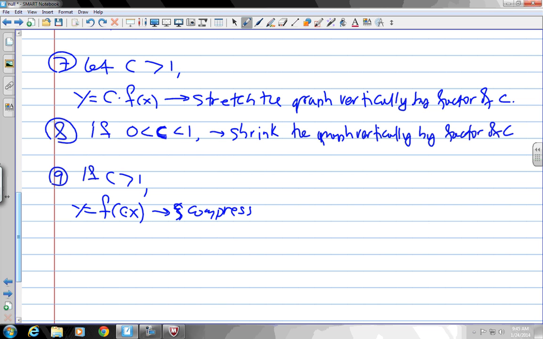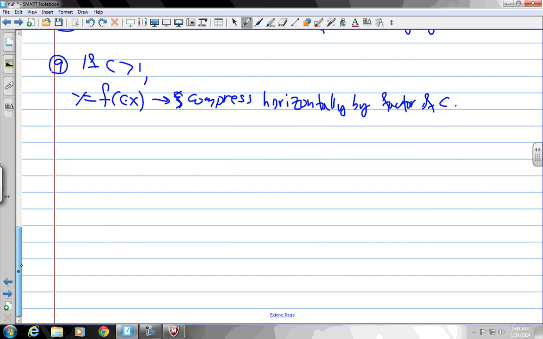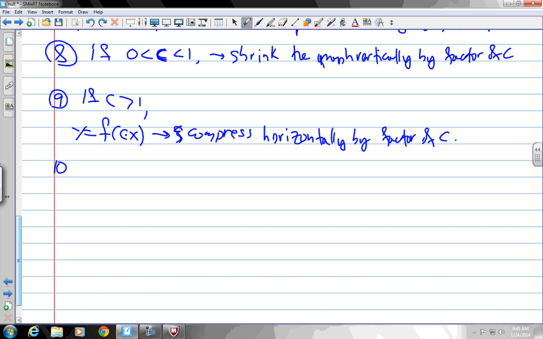Compress horizontally by a factor of c. And the 10th transformation, if c is between 0 and 1, so everything will stretch horizontally by a factor of c.